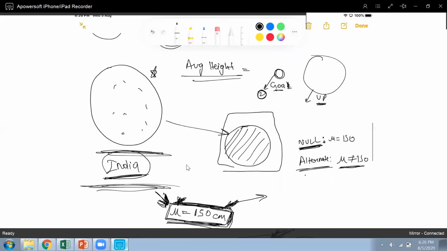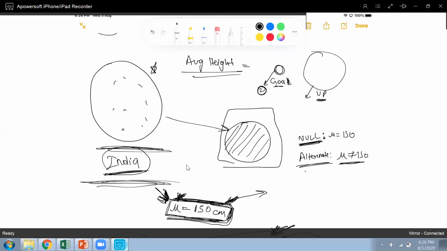Now in this example of the average height of people in India, we'll do a two-tail test. I have a null hypothesis, mu equal to 150.